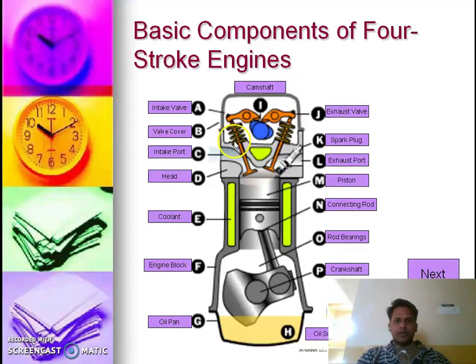This is an open intake valve, and this is a closed exhaust valve. Through the intake valve, fresh charge, which is a composition of air and fuel, is taken into the cylinder, and burned exhaust gases go outside through the exhaust valve.